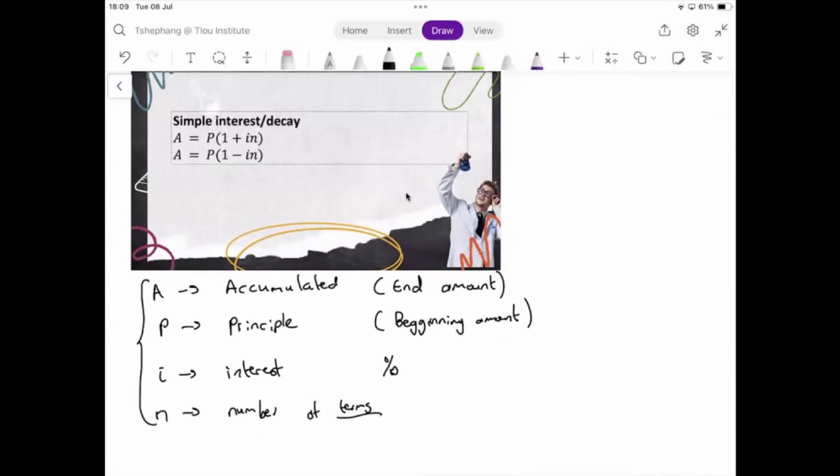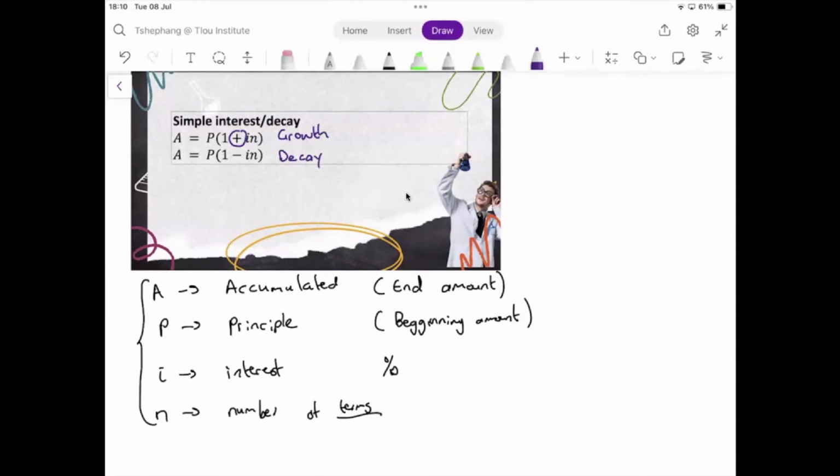Now, when we are talking about growth, we need to refer to the positive one. Notice that the formulas are the same except the signs. This one represents simple interest growth, and this would show you decay, when it's getting smaller.